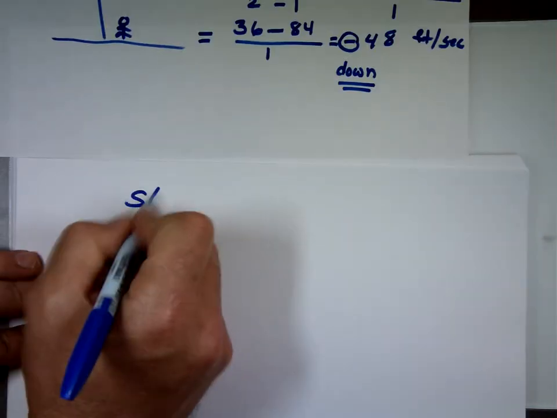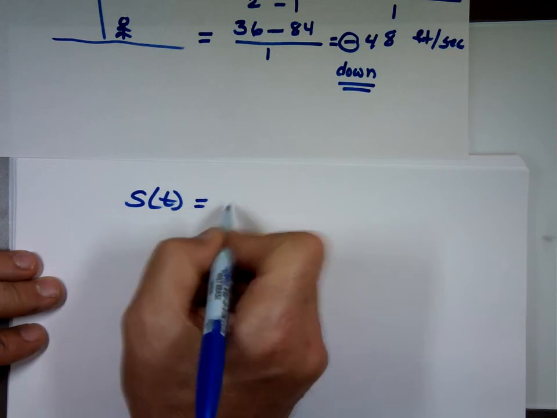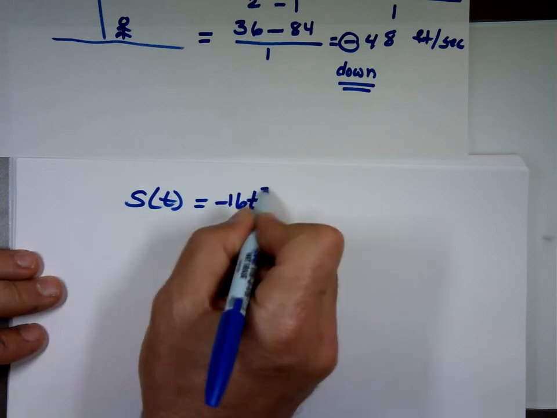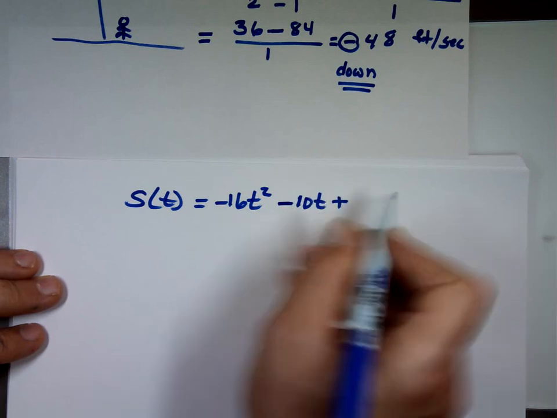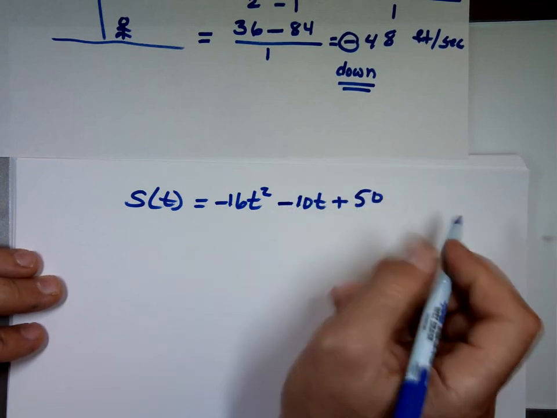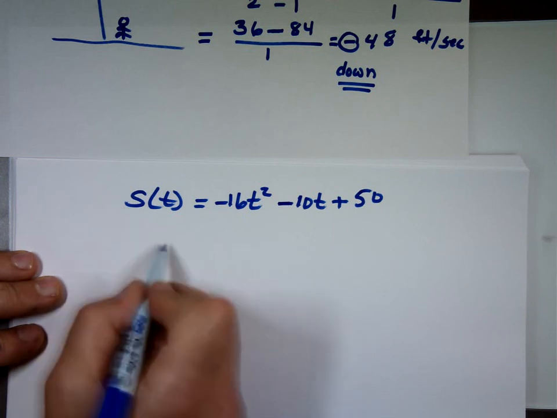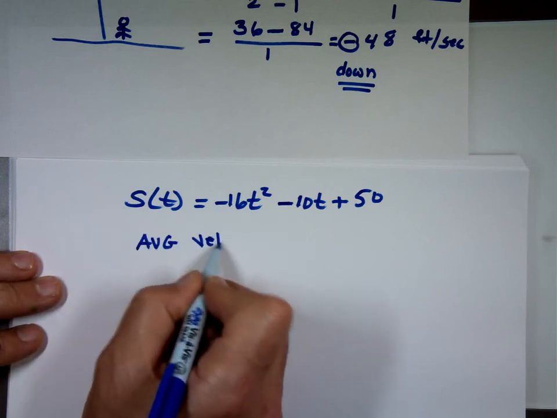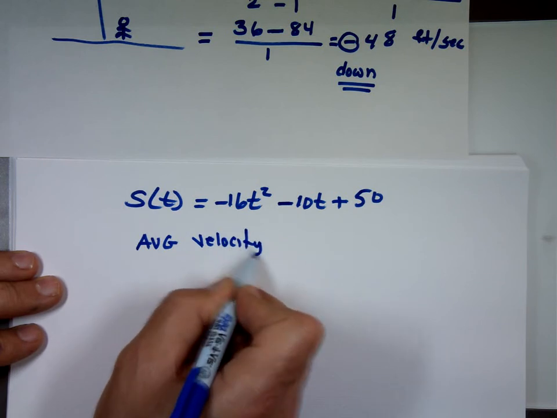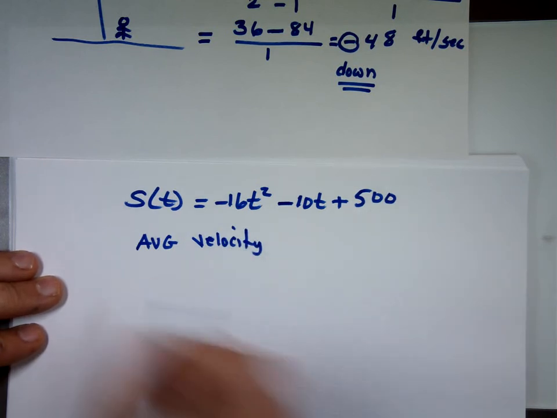If I say what's the average, again, the same problem, or I'll give you a different problem. Let's say s, the height, was negative 16t squared minus 10t plus 50. This is the equation. And what is the average velocity? Let's make that 500. You're on top of a really high building, because it's moving fast.